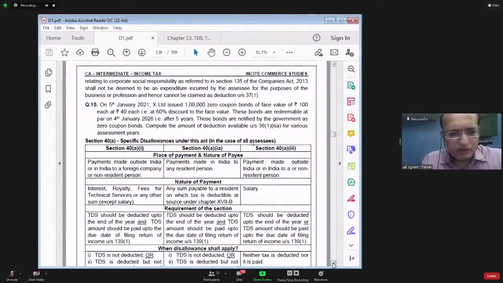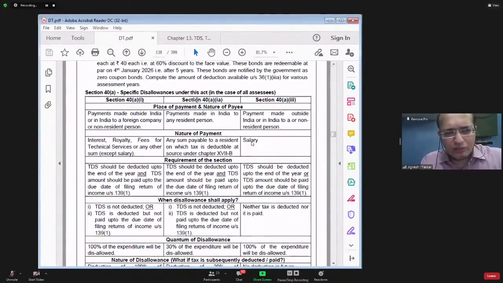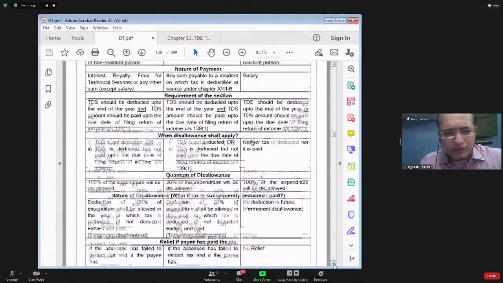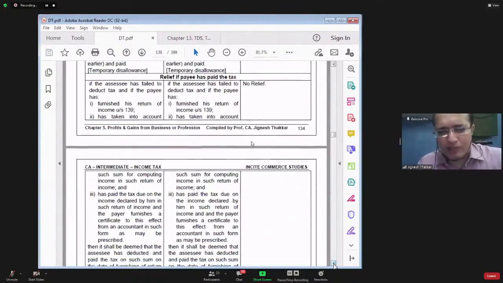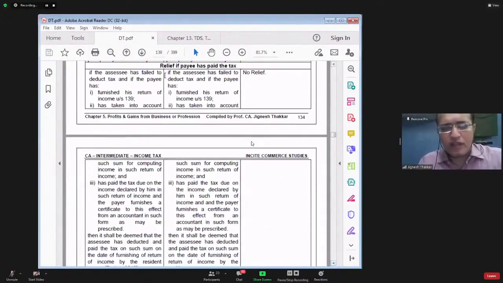See this. Section 40 clause A subclause 1A. If the payer has not deducted tax and has not paid the tax to the government, in that case what can the payer do? The payer can call the payee and ask the payee to do 3 things. Number 1, whatever amount is paid to the payee without deducting TDS, the payee should consider the entire amount while computing his total income.